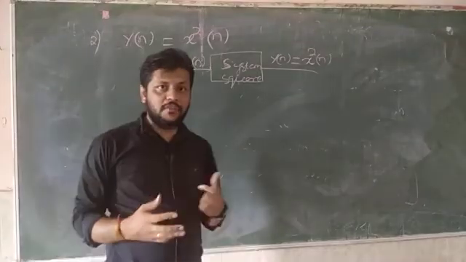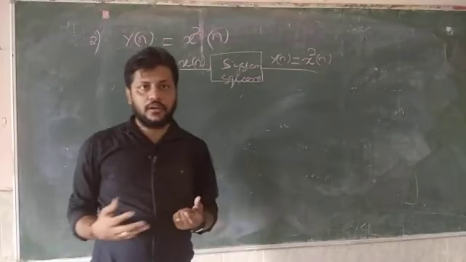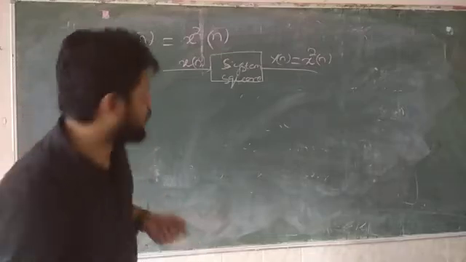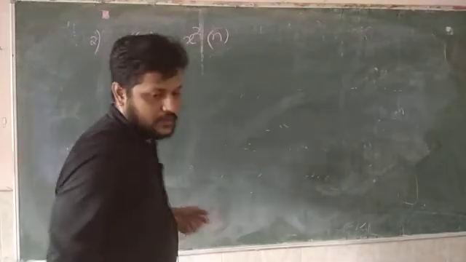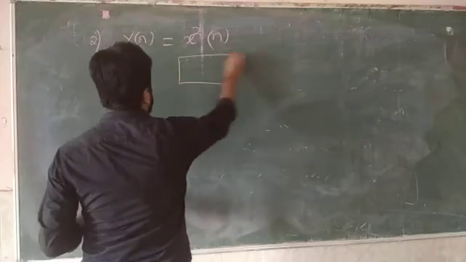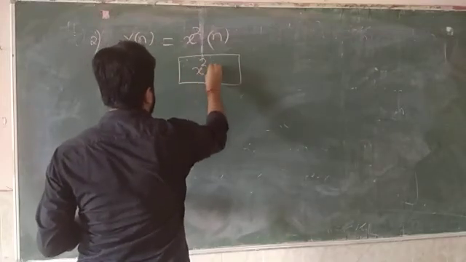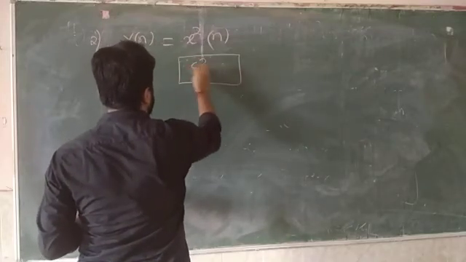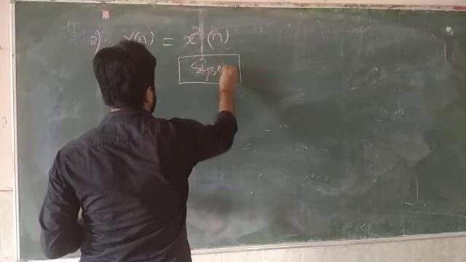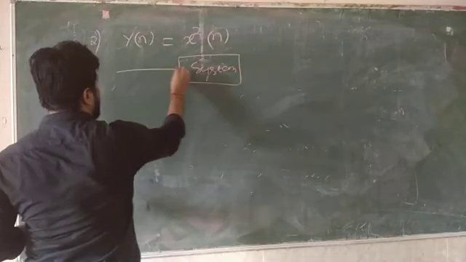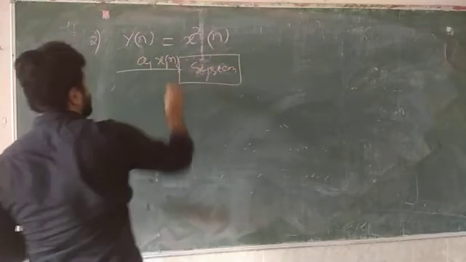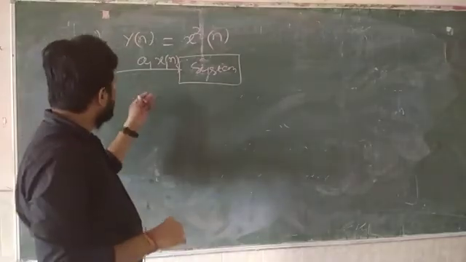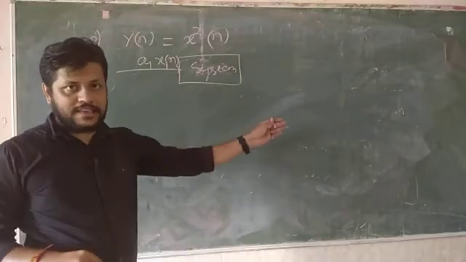Then we have to verify whether the square system is a linear or non-linear system. First we have to consider the individual response. So how to see the individual response? This is x square, this is the system, and suppose I am applying a x1n. So when I apply xn, we get x square n.